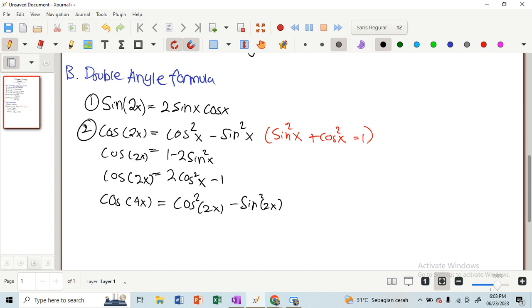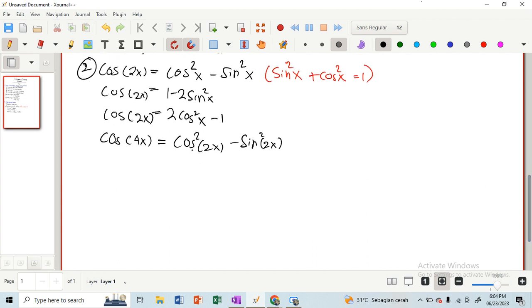The initial coefficient for x is 4, so you write the terms with half of it, which of course is 2. And you could also expand this into 1 minus 2 sine squared 2x, or rewrite it as 2 cosine squared 2x minus 1.